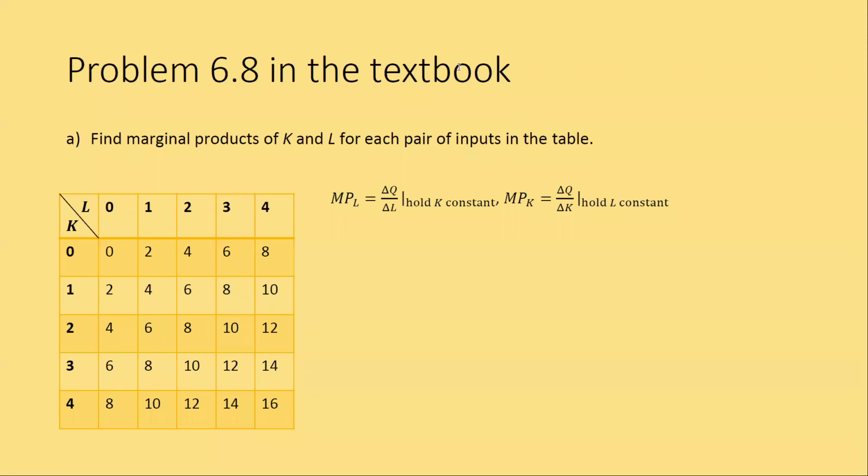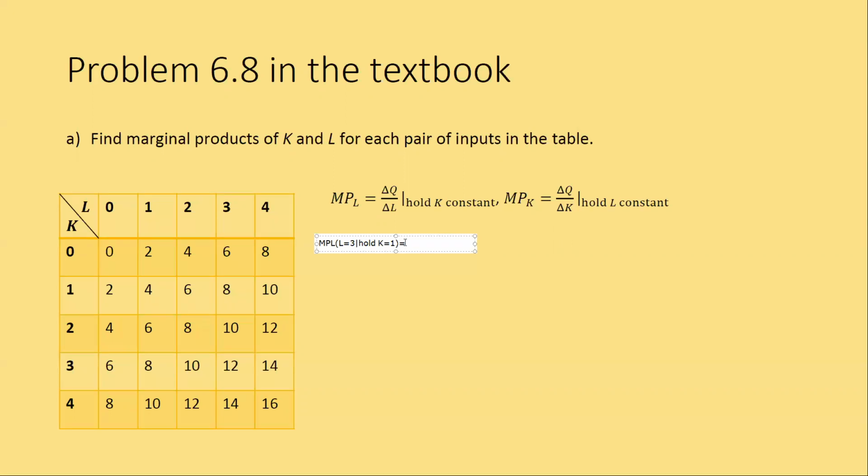So to do this, let's be more precise. Take the marginal product of the third unit of labor, holding capital constant at 1 unit.